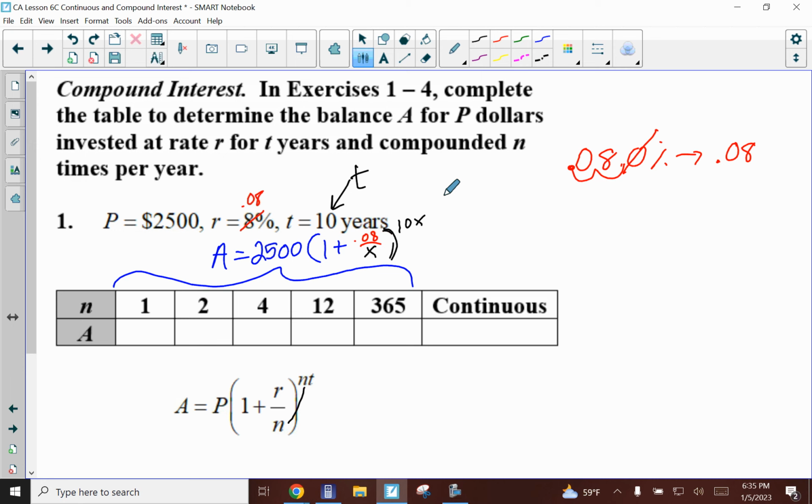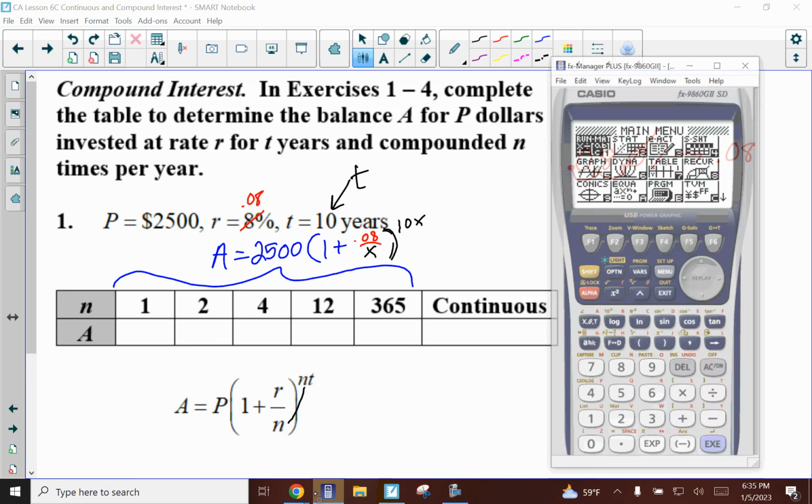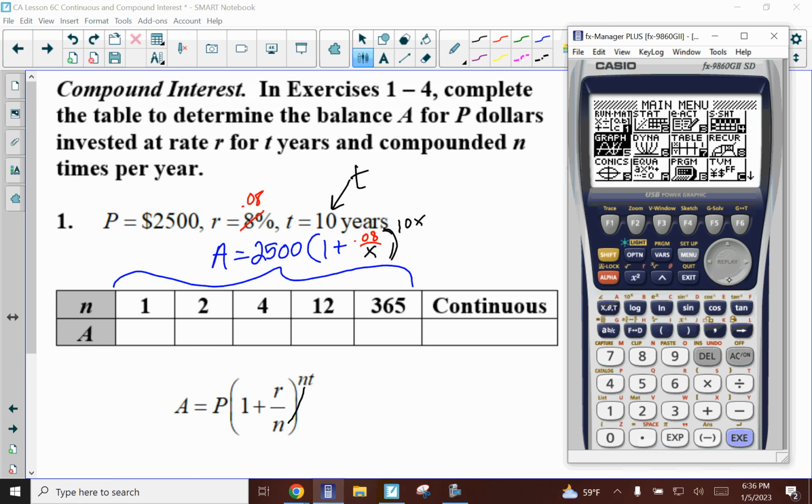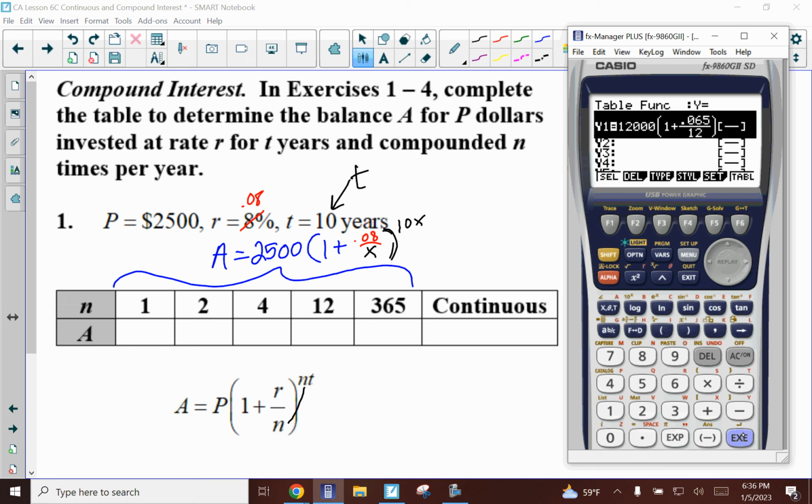Now, because this is formatted for a table, I might as well go into my table and type this stuff in. So let me delete all that. So we have 2,500, parentheses, 1 plus, and then we're going to hit the ABC button to make the fraction, 0.08.